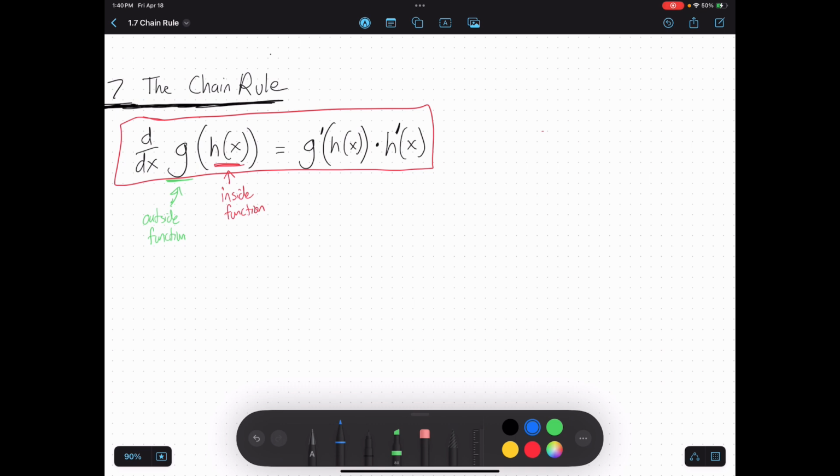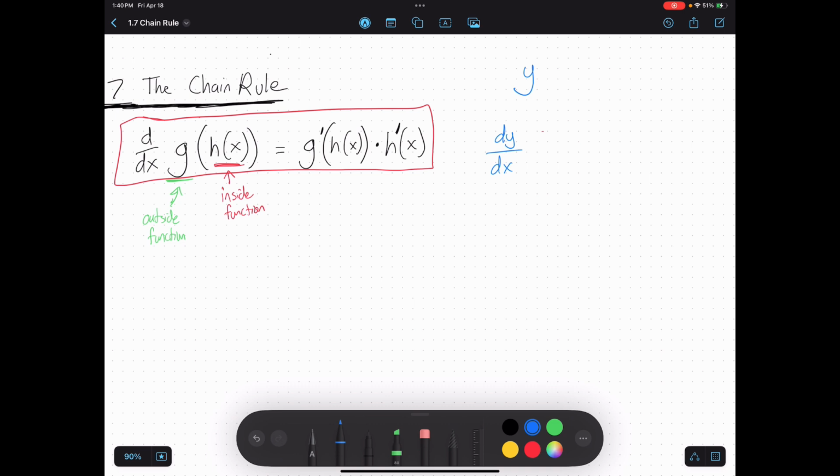Let's consider a situation where we've got a function y, and we want to find the derivative of y in terms of x. Remember, this is my alternate notation for derivatives. It's called Leibniz notation.